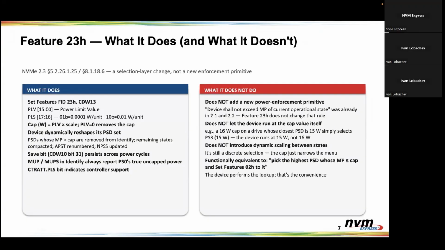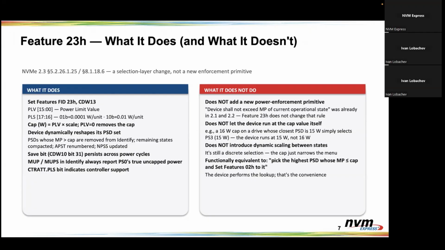This is quite important because the cap is not an enforcement target, because we're still operating on the shall not exceed maximum power rule. What it does is the device now runs at the highest non-prohibited power state descriptor's maximum power, which is at or below the cap that was set.